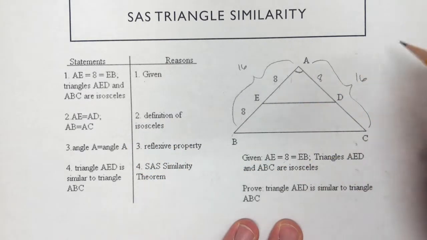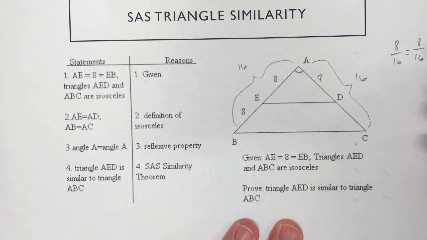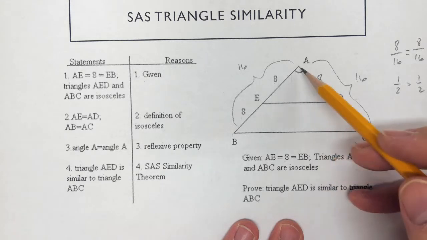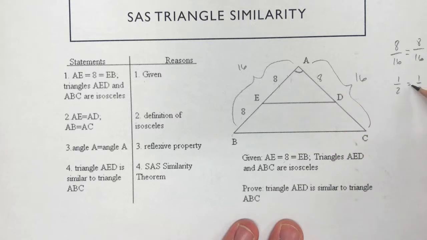So that means this 8 over 16, I'm asking, is that equal to the other one, 8 over 16? Well, obviously it is. 1/2 equals 1/2. So these sides here are proportional to one another. Then I have side-angle-side similarity.